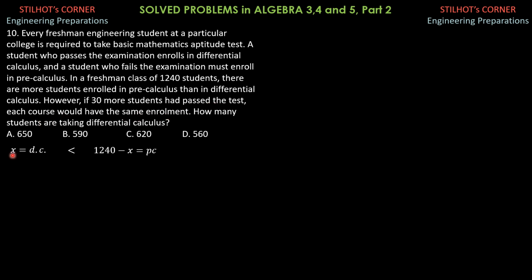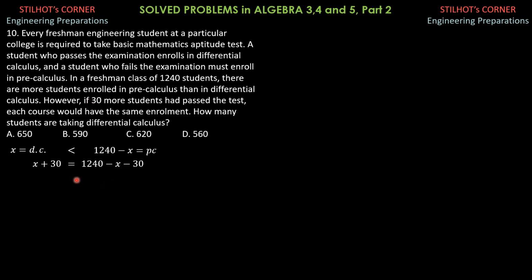So that is, if 30 students had passed the test, then the number of students enrolled in differential calculus would be 30 students more. So this is X plus 30, and the number of students enrolled in pre-calculus will be reduced by 30. So 1,240 minus X minus 30. And according to the statement there, these numbers are now equal.